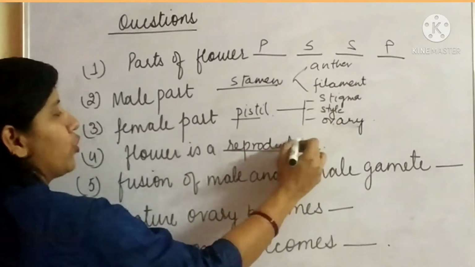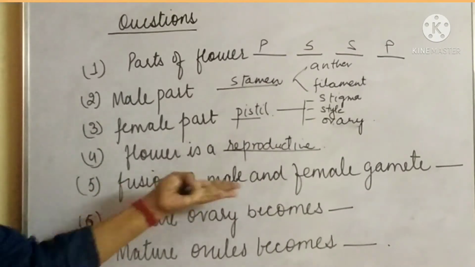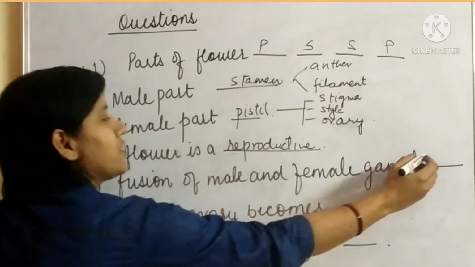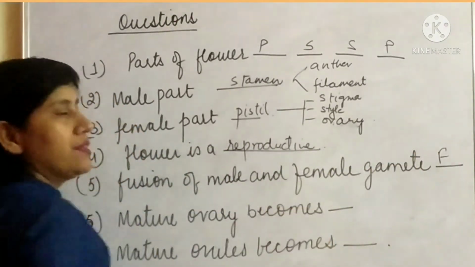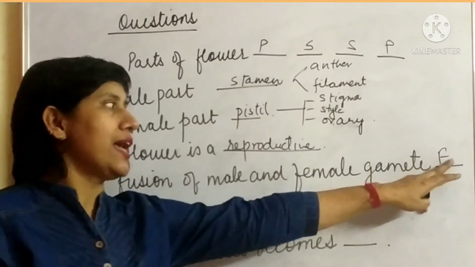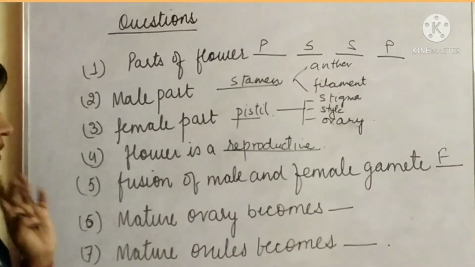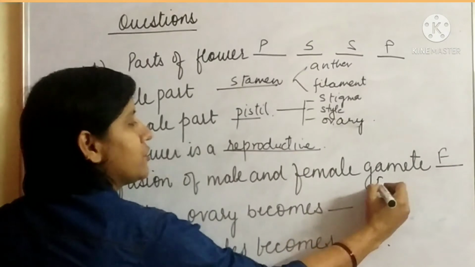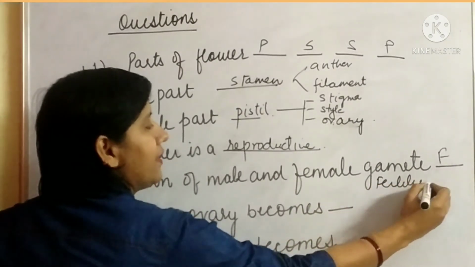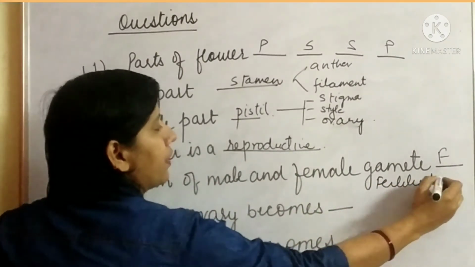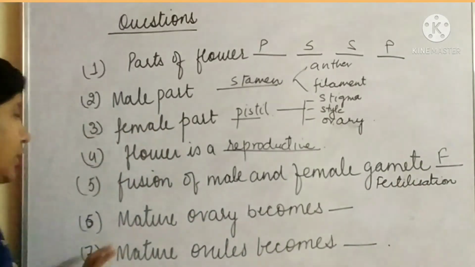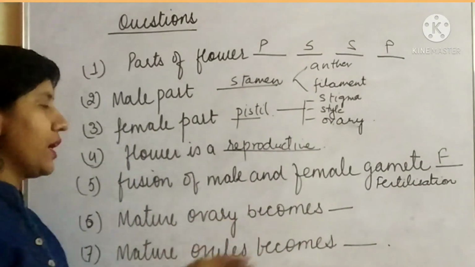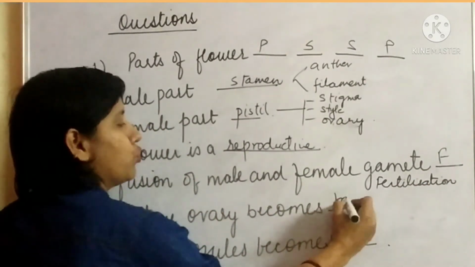Why reproductive? Because both genders are there. Fusion of male and female gamete is known as fertilization. Please write down. You can write by your own, fertilization. Okay? It is known as fertilization.